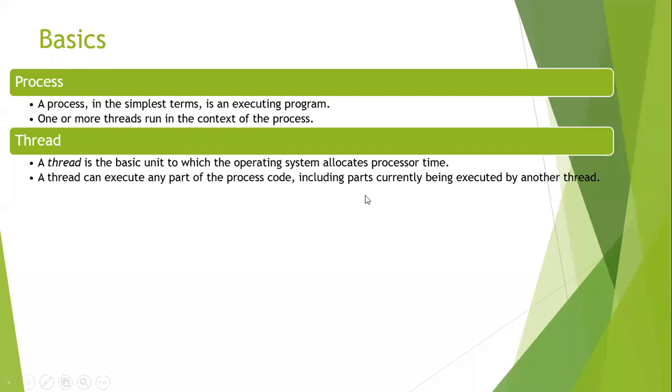It depends on what time the thread is created and what the thread is executing. But it can execute any part of the code, including parts currently being executed by another thread.